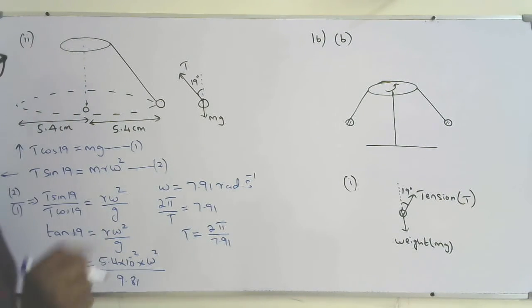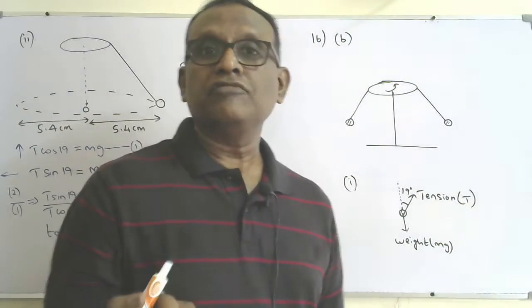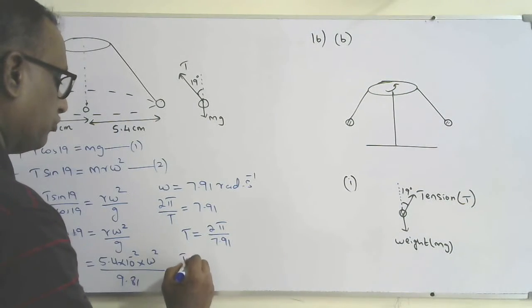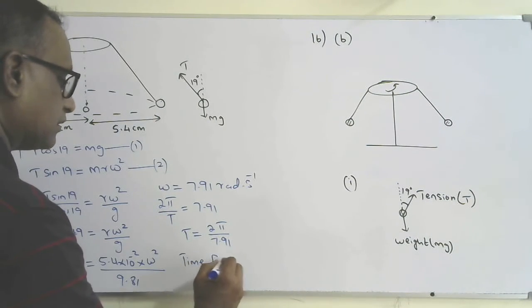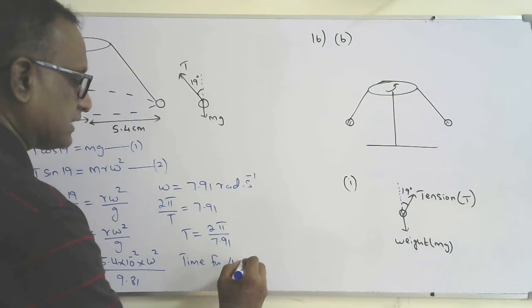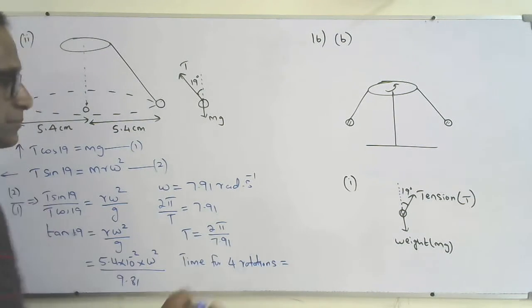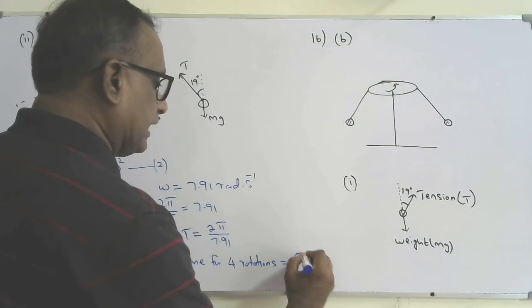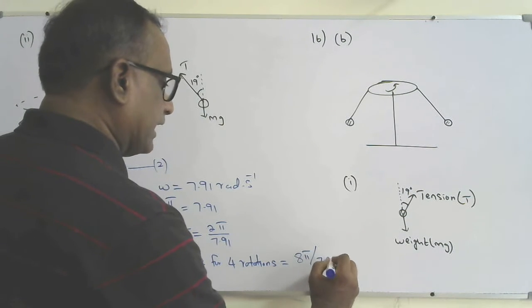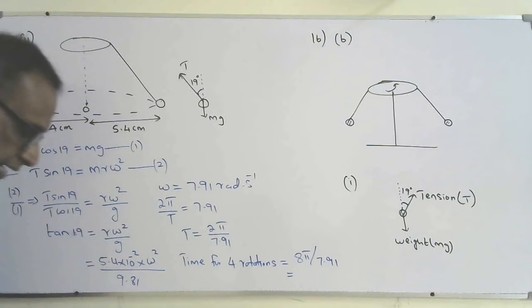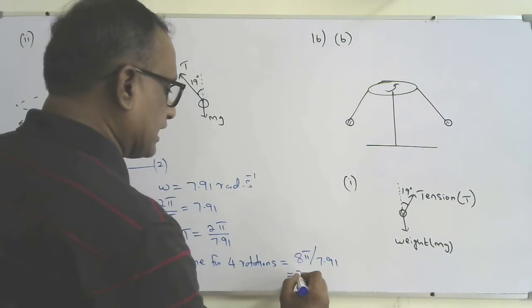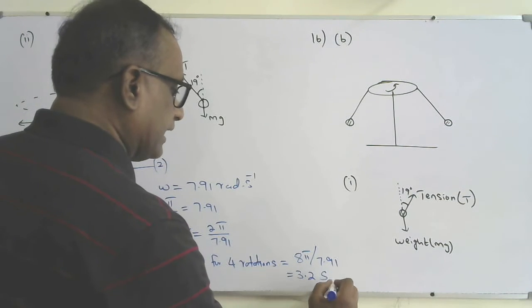The time for 4 rotations, multiply this by 4, will be 8 pi over 7.91. So the final answer will be 3.2 seconds, approximately 3 seconds.